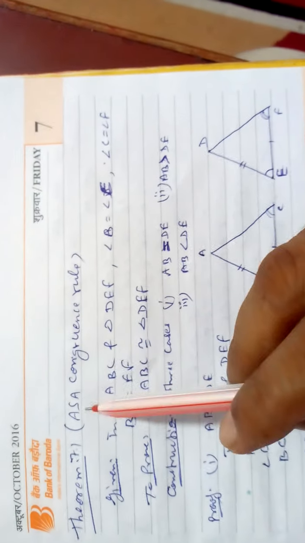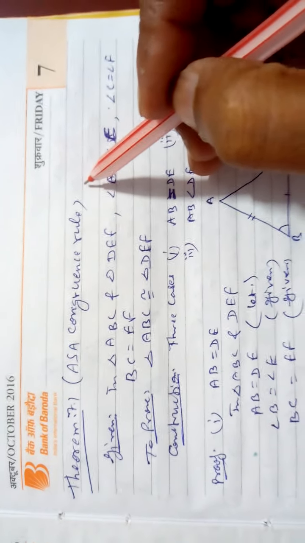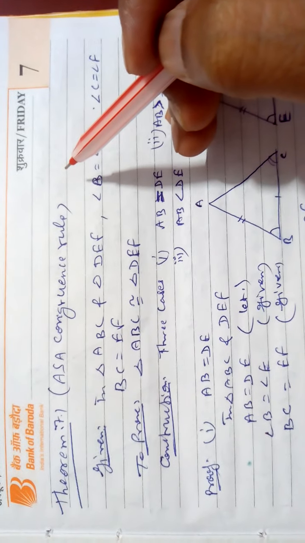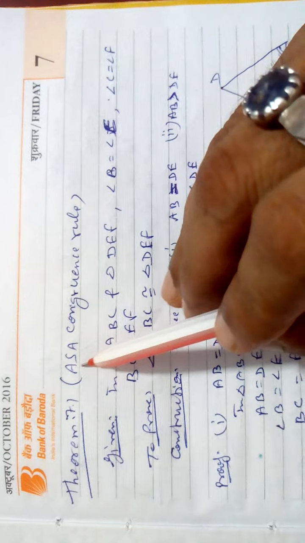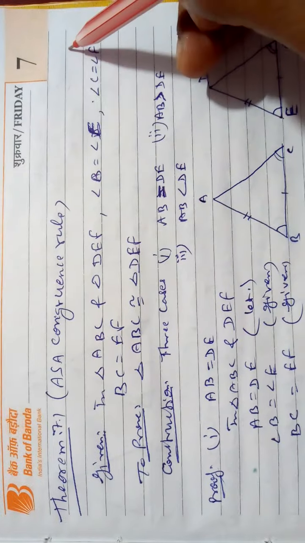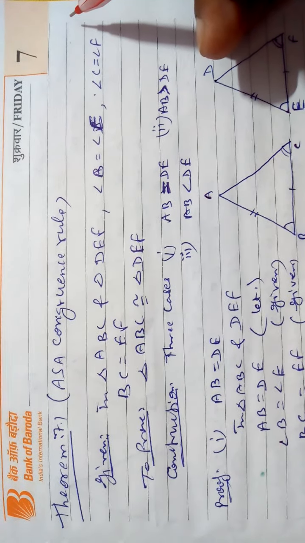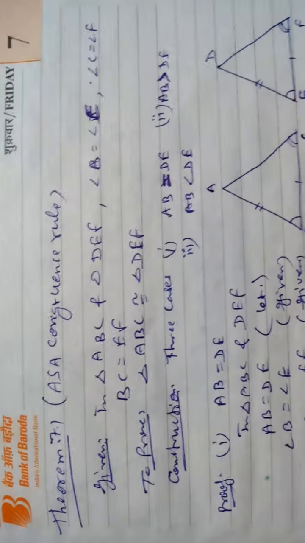One theorem is given, the proof of this: the ASA theorem. We know the ASA congruency rule. What is the ASA congruency rule? In two triangles, if two angles and the included side of one triangle are equal to two angles and the included side of the other triangle, then both are congruent to each other by ASA congruency.